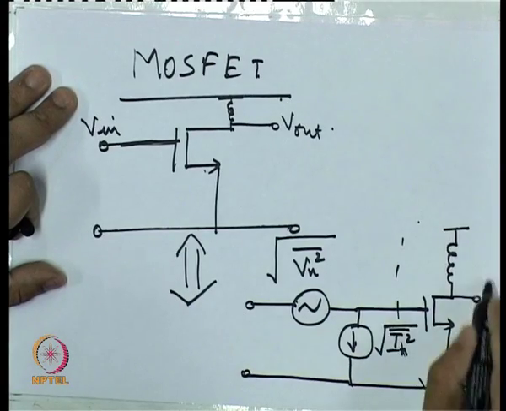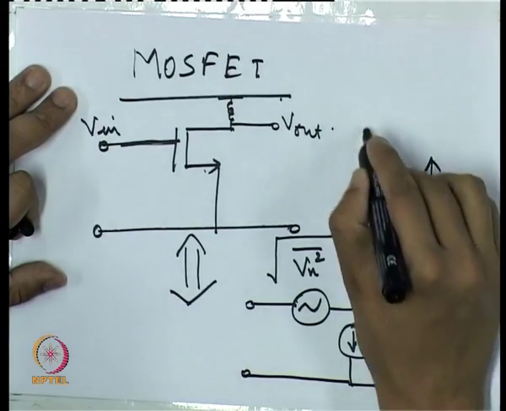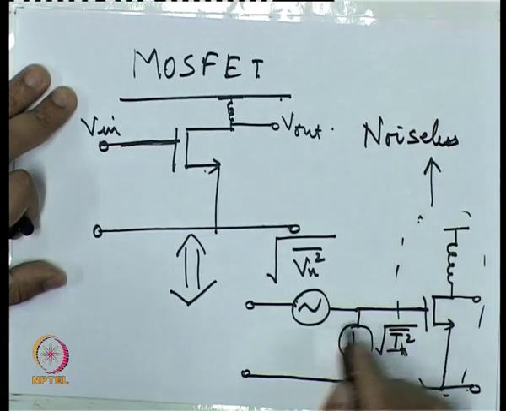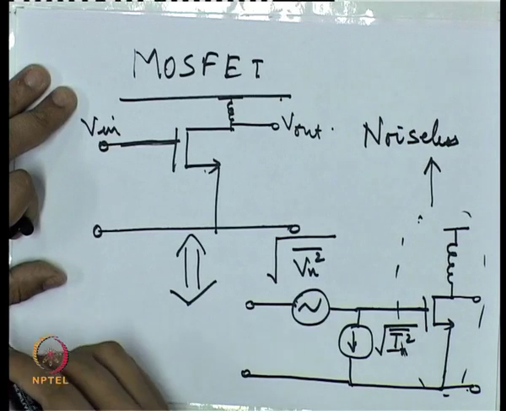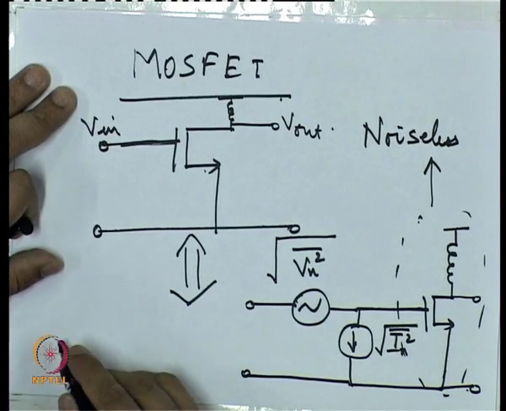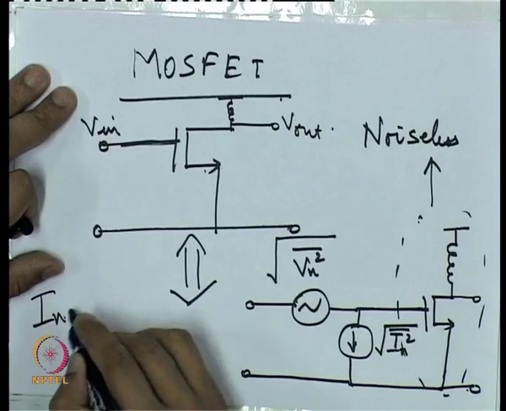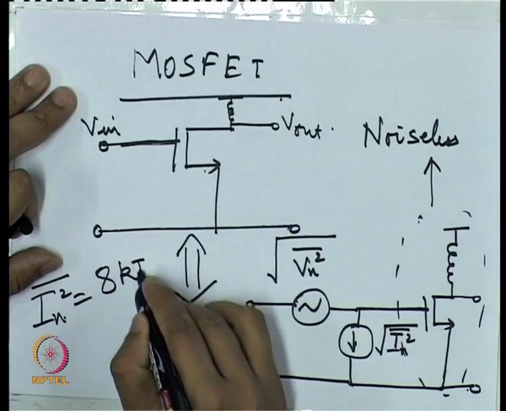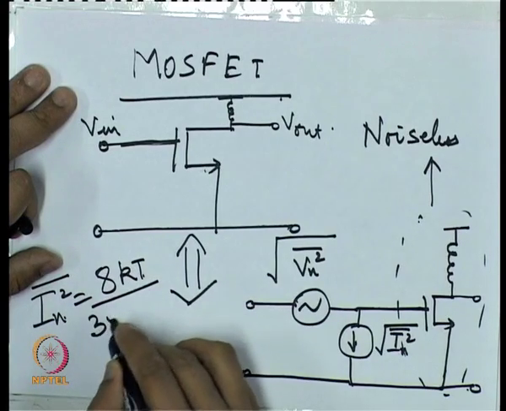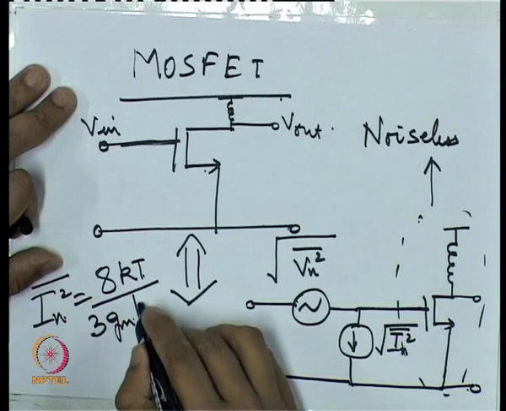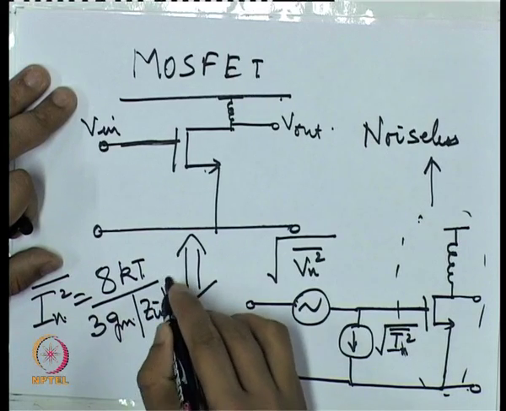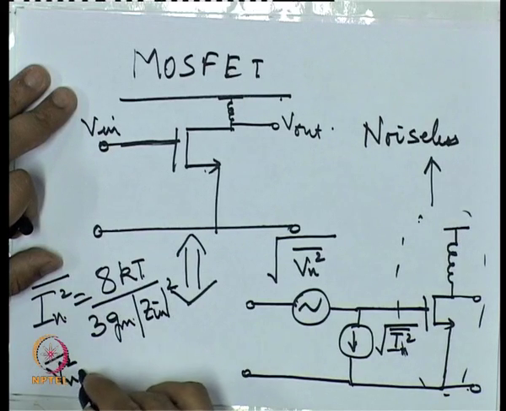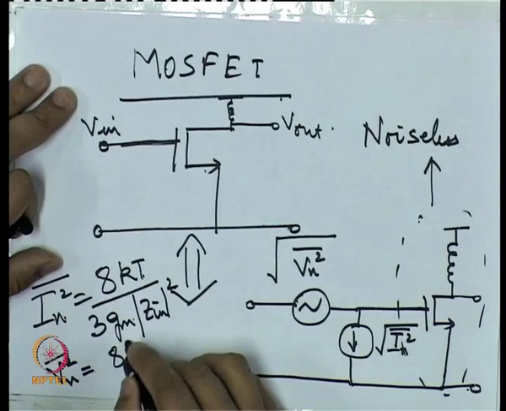This is noiseless, and this value of In square is given by this, and the value of Vn square is given by this.